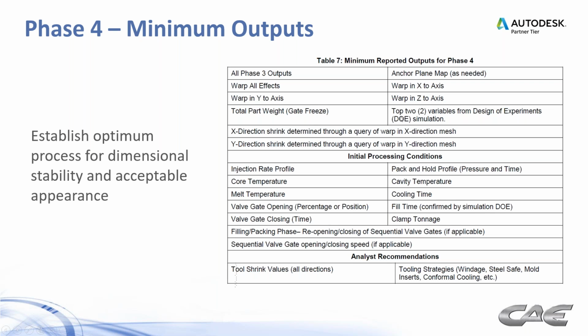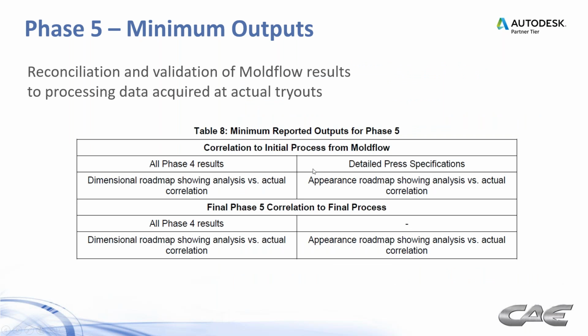We're also looking at a DOE simulation here to identify the top 2 variables that have influence on the results. And then lastly, reconciliation and validation of the Moldflow results in phase 5. So dimensional roadmap showing the analysis versus the actual correlation, and an appearance roadmap showing analysis versus actual.